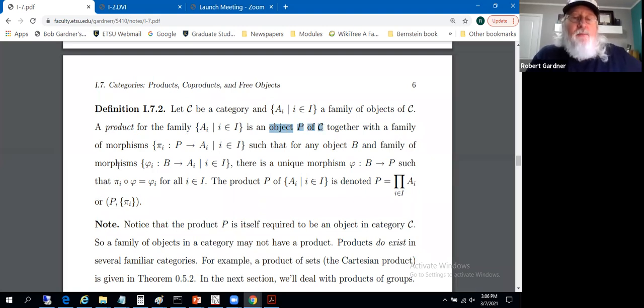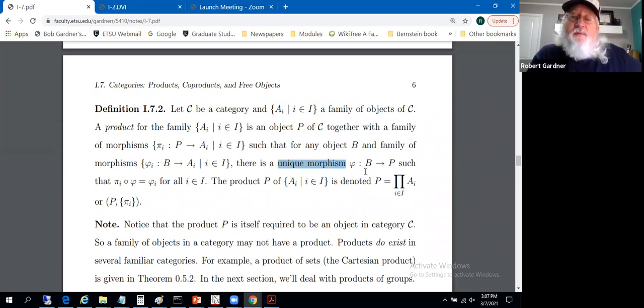Together with a family of morphisms, pi sub I, that map that product to each A sub I, one of those for each index, lowercase i in capital I, such that for any object B in category C, and any family of morphisms, phi sub I, that maps B to the A sub I, there is a unique morphism, uniqueness, something we'll either be able to use or we'll have to establish, depending on if we're in a category or showing that we have a category.